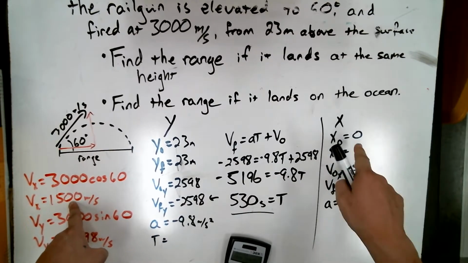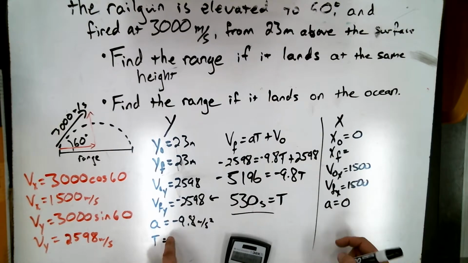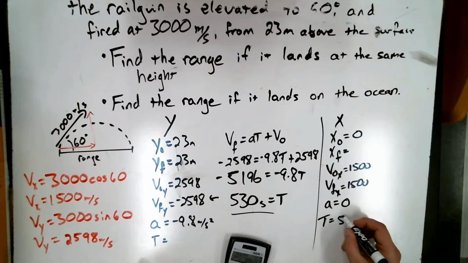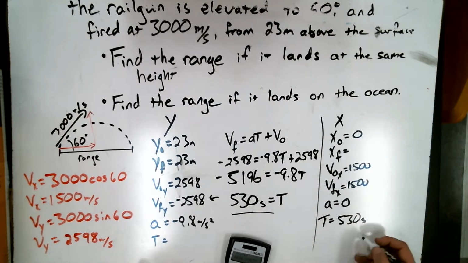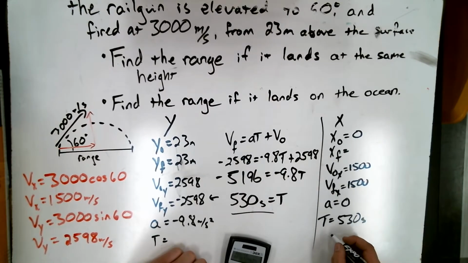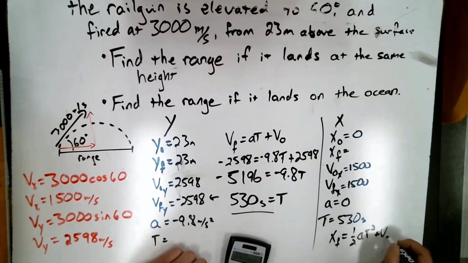There's no acceleration horizontally. The time is the same. It is the 530 seconds. So we know that xf equals 1/2 at squared plus v naught t plus x0.